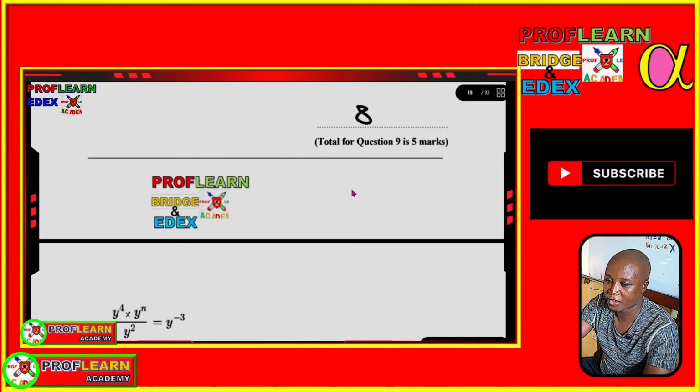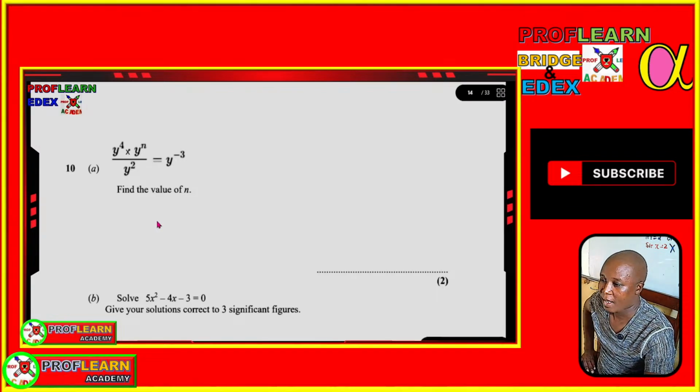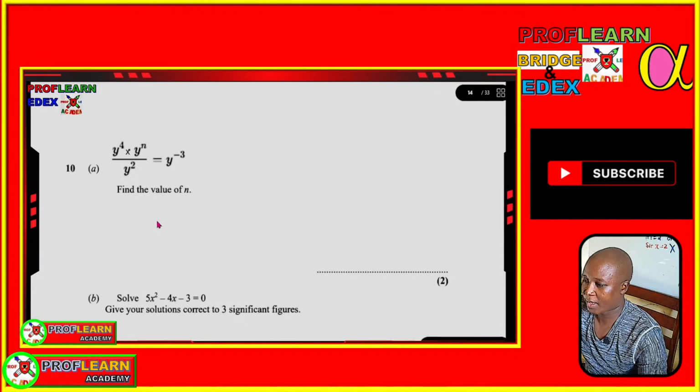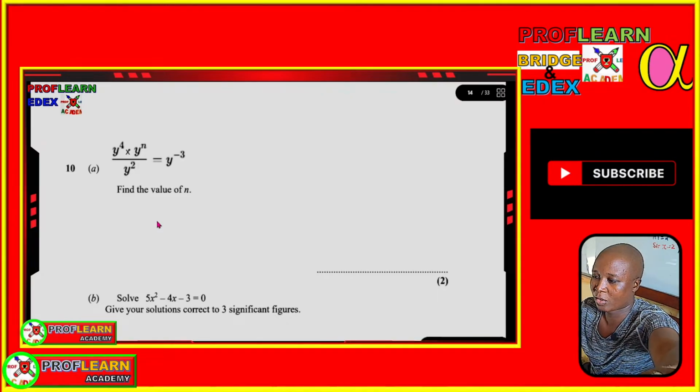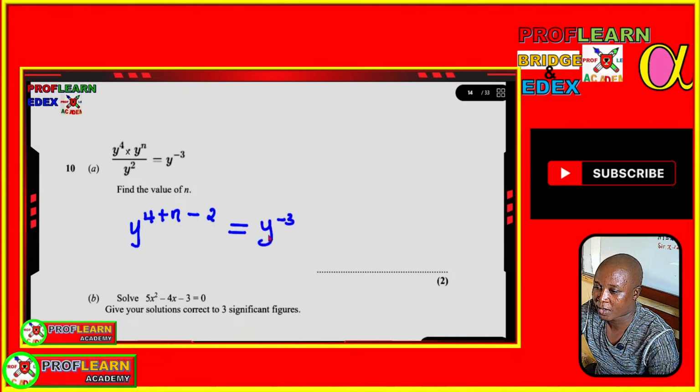Another area that you need to prepare on is a question to do with indices. Here we are given y raised to power 4 times y raised to power n. The numerator reduces to y raised to power 4 plus n. Then since we are dividing by y squared, we subtract the powers, because when numbers of the same base are divided, we subtract the powers.